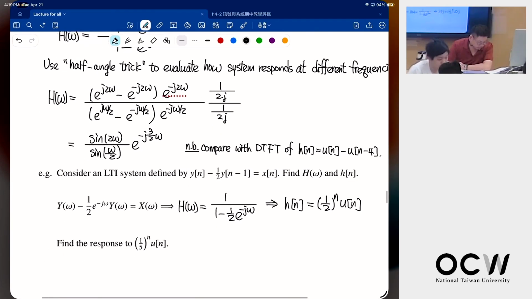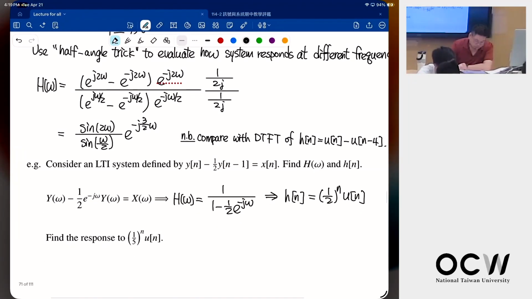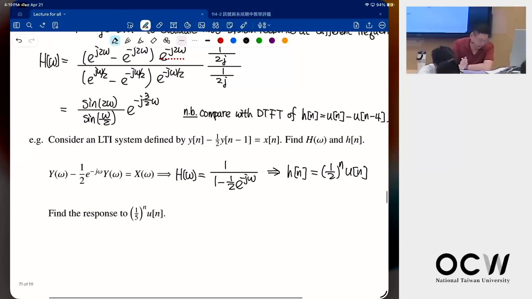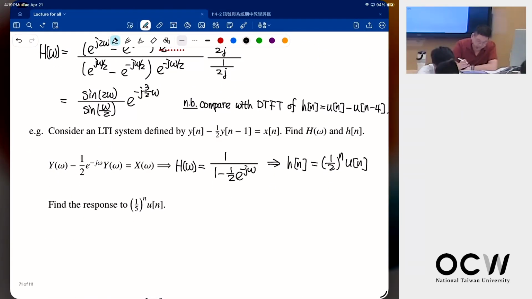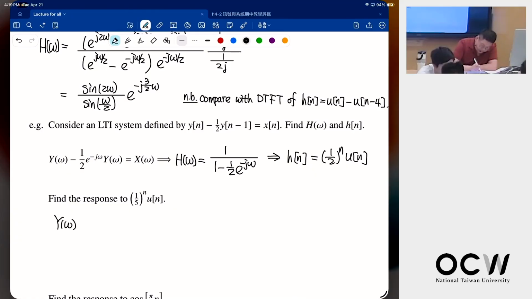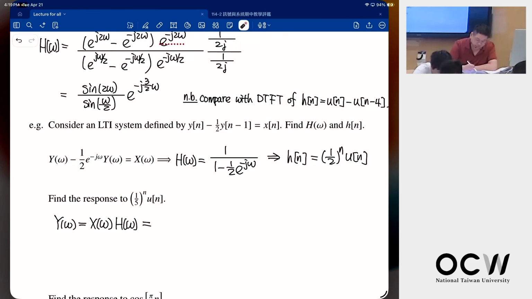Now find the response to 1 over 5 to the n. So what is the output? If the input is this, the output will be the input times the system frequency response, or in frequency domain, 1 divided by 1 minus 1/5 e to the minus j omega.